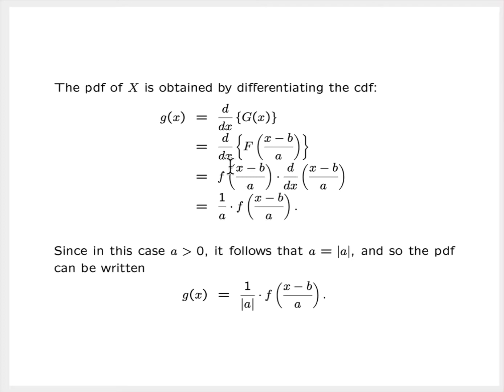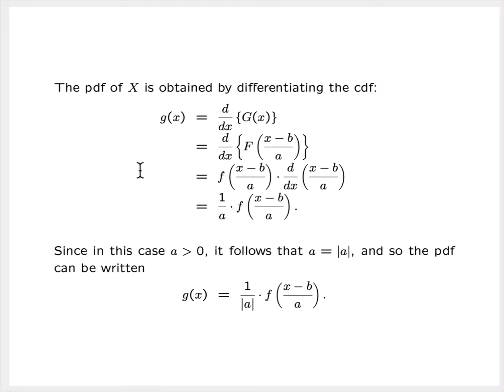We're going to use the chain rule here, so you'll want to remember back to calculus. When we take the derivative of the CDF of z, the derivative of capital F, we get little f. Then we also have to take the derivative with respect to x of the expression inside the parentheses, and that gives us 1 over a. So that's where that shows up.